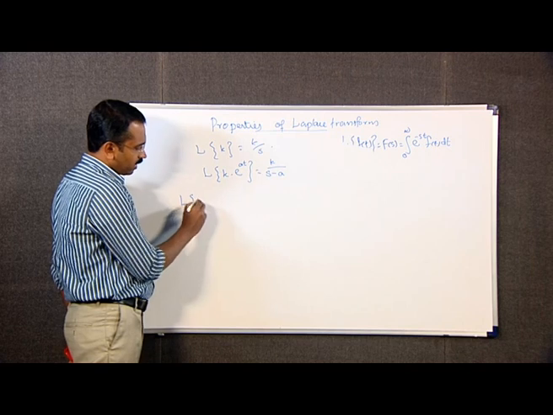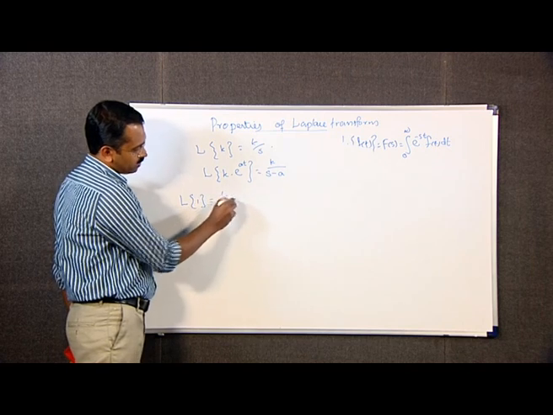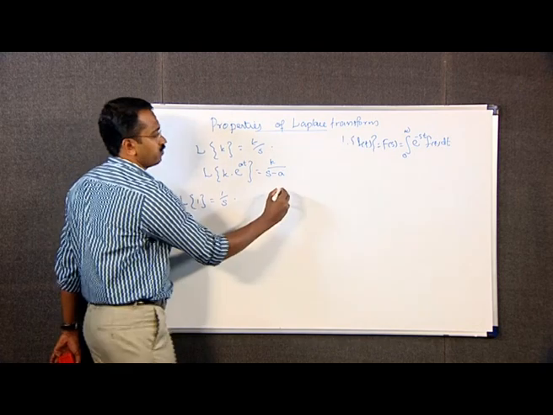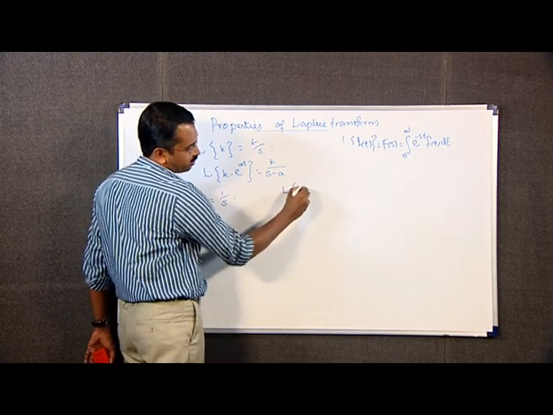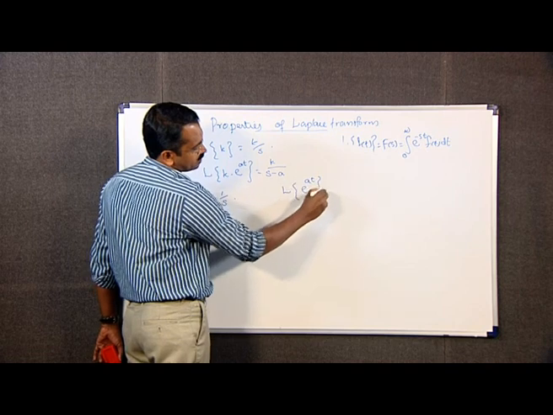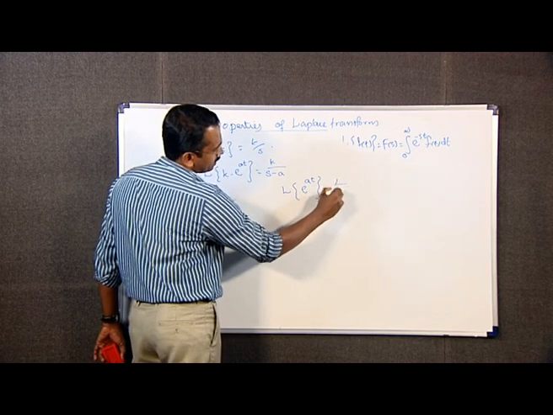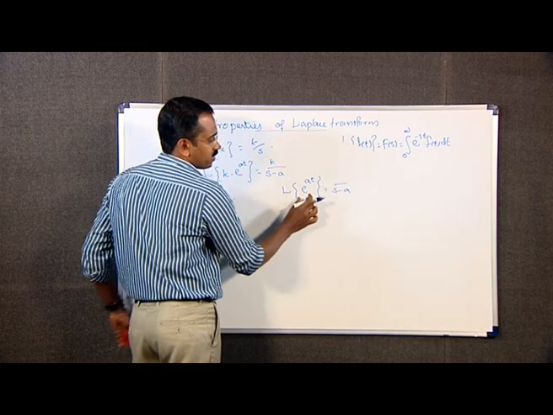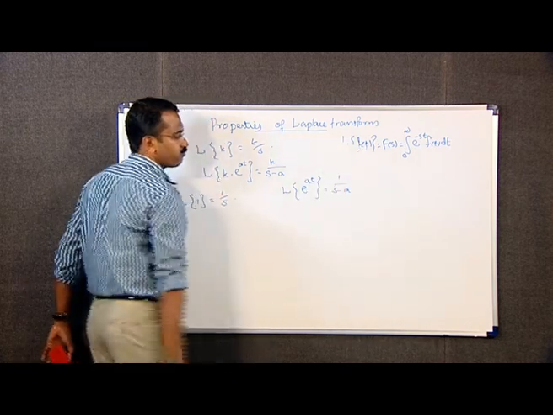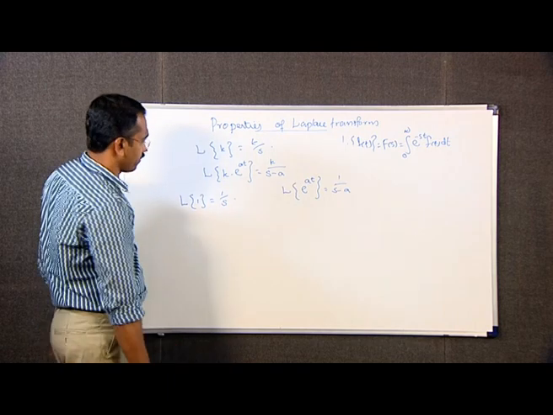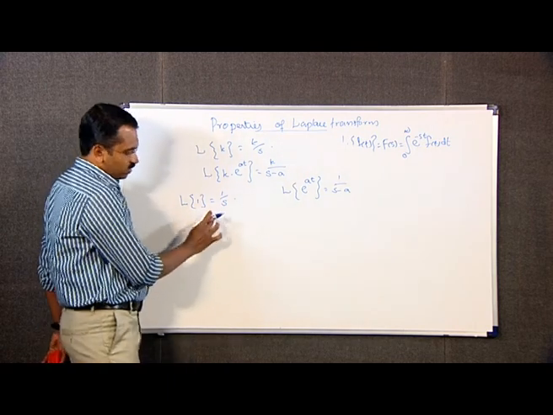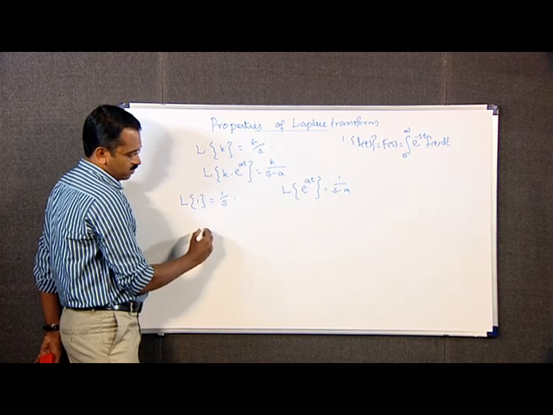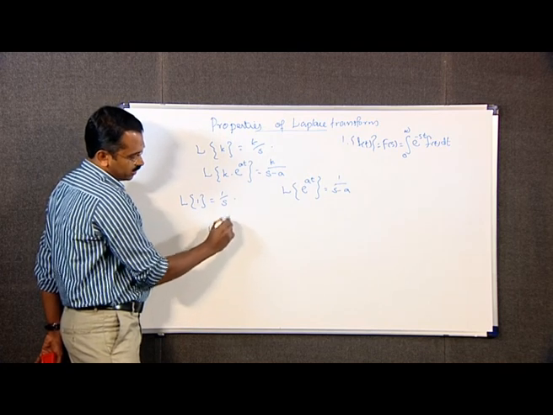In particular, L of 1 is equal to 1 by s, and we have L of e raised to a t is equal to 1 by s minus a. We can find this by the definition of Laplace transform. Note that e raised to a t can be written as 1 into e raised to a t.